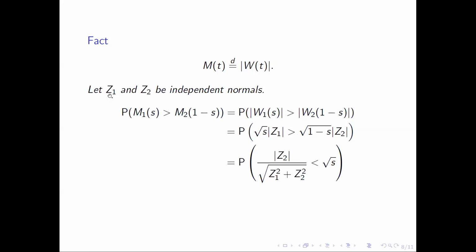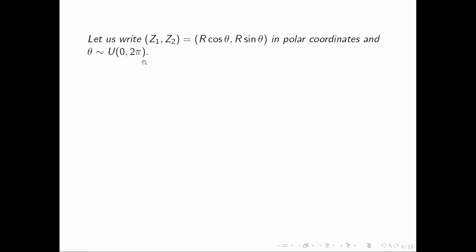So you have to find out what this distribution is. How to find that? You look jointly at Z1 and Z2. It's a two-dimensional vector now. You write it in polar coordinates, r cos theta, r sin theta, and you can write down the joint density. It turns out very easily.